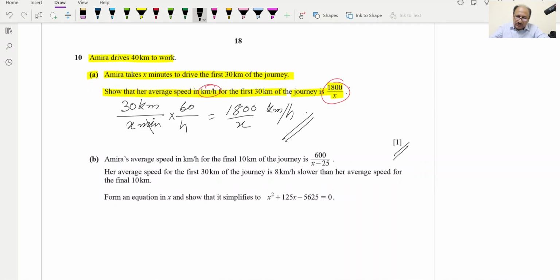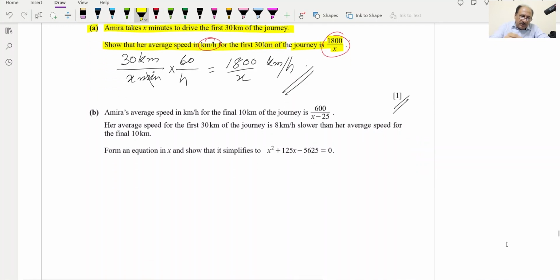It's a 1 mark question. Now part B: Amira's average speed in kilometers per hour for the final 10 kilometers of the journey is 600 over this. Her average speed for the first 30 kilometers of the journey is 8 kilometers per hour slower than her average speed for the final 10 kilometers. Form an equation in x and show that it simplifies to this quadratic equation.